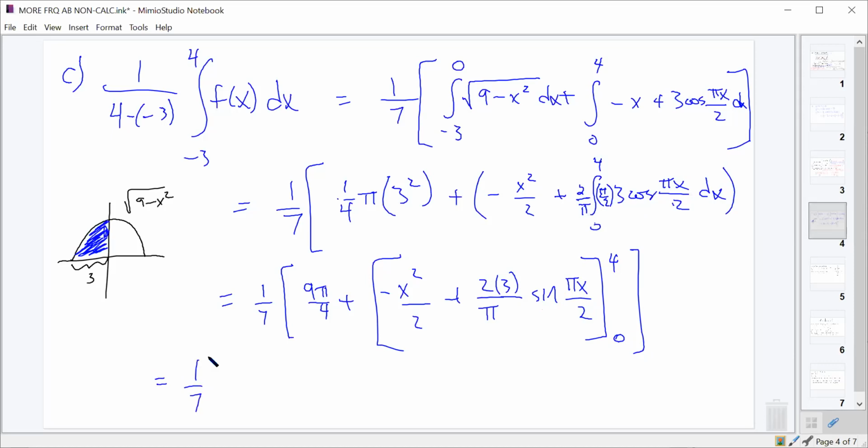Which gives us 1/7 of 9 pi over 4 plus, we plug in our 4, we're going to get negative 8 there. We're going to get plus 6 over pi times the sine of 2 pi.